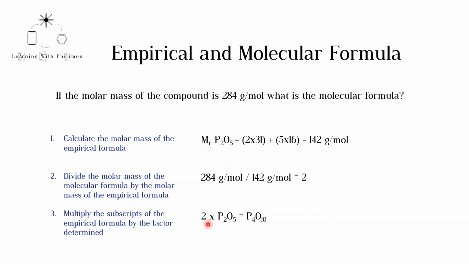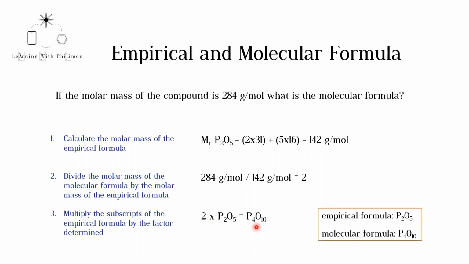The molecular formula must be P4O10. If you calculate the molar mass of P4O10, it will be 284 grams per mole. Note that if the molar masses of the compound and the empirical formula are the same, then the molecular formula is the same as the empirical formula.